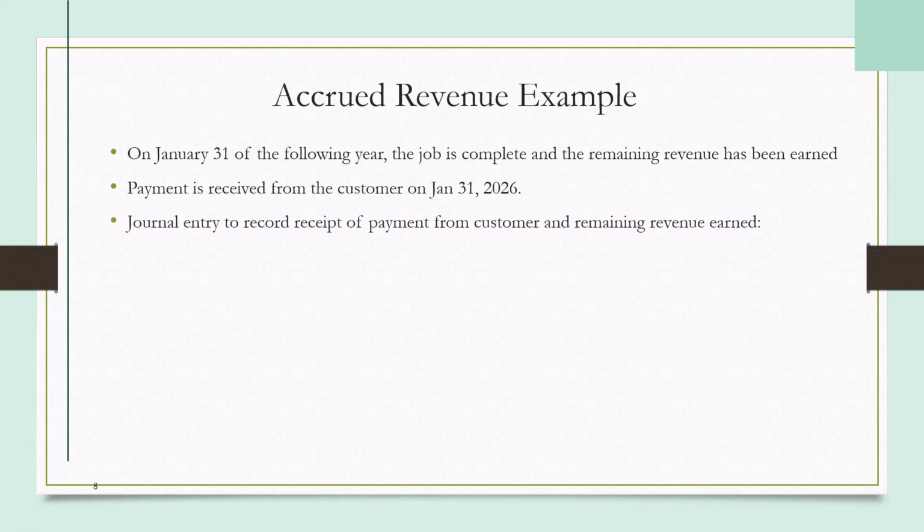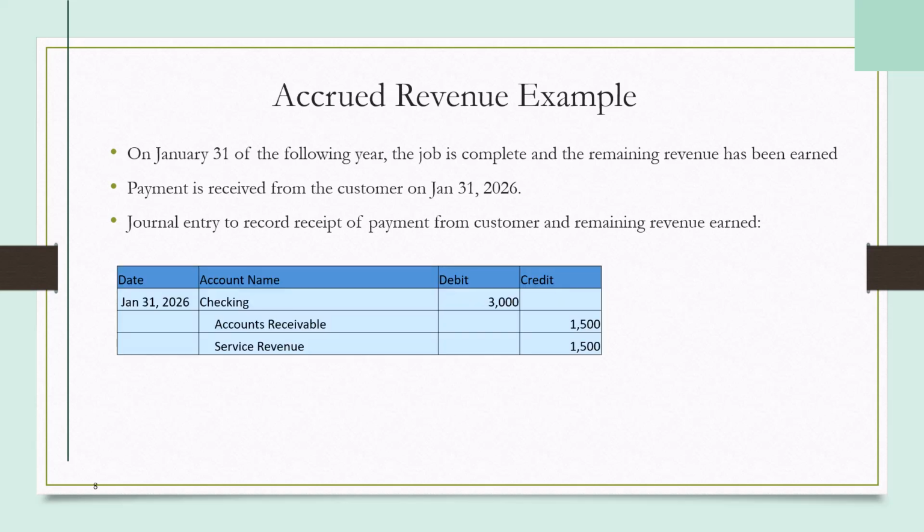So you would have a journal entry to record receipt of the payment from the customer and the remaining revenue that they earned. This would be what the journal entry would look like. They would have a debit to either cash or checking for the $3,000 they receive from the customer. They would have a credit to accounts receivable to subtract from accounts receivable.